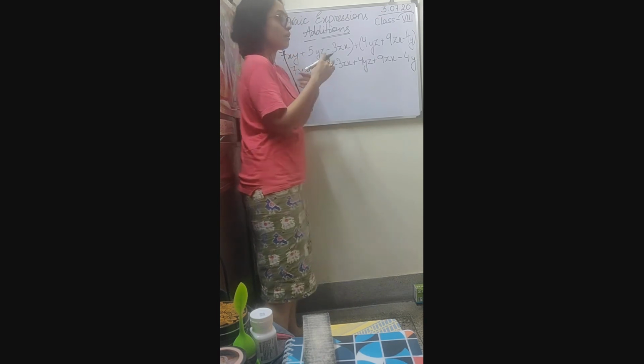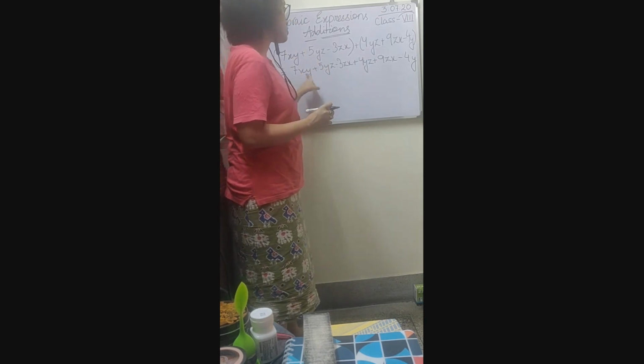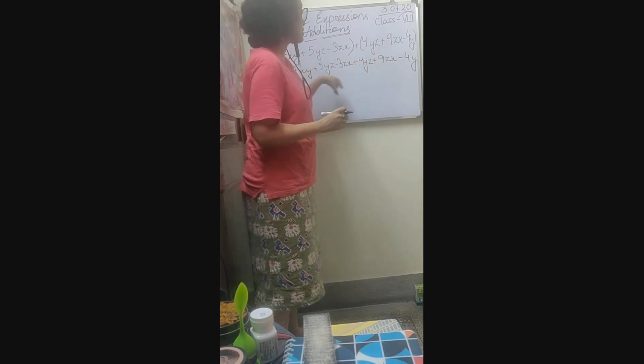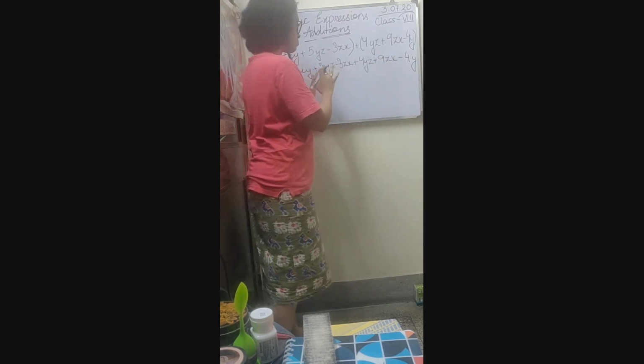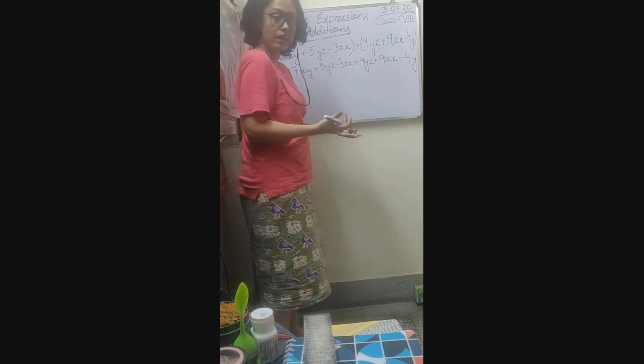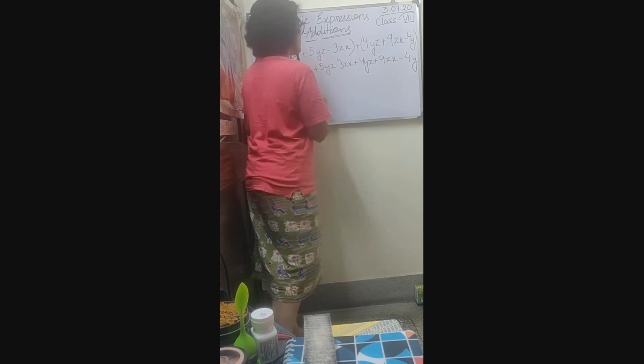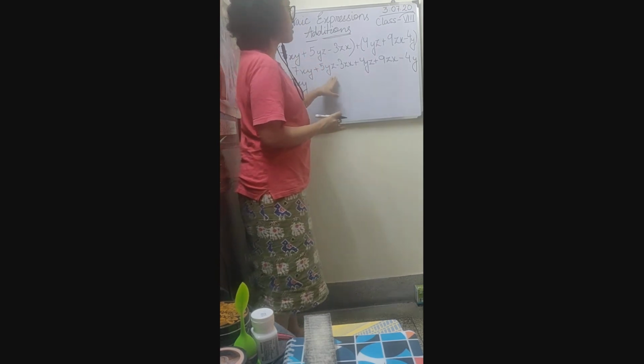Let us fetch out the like terms. This is xy. Do you see any other xy? There are no other xy's, so there is no need to change the position of any other algebraic term. 7xy remains solo here.